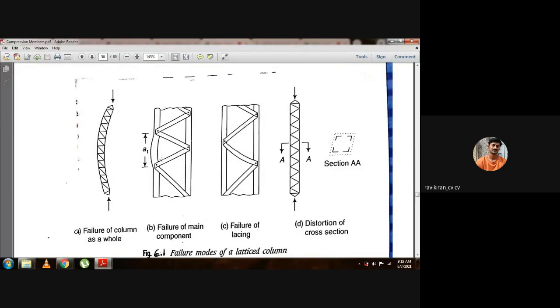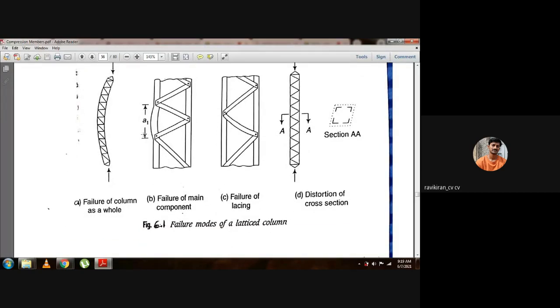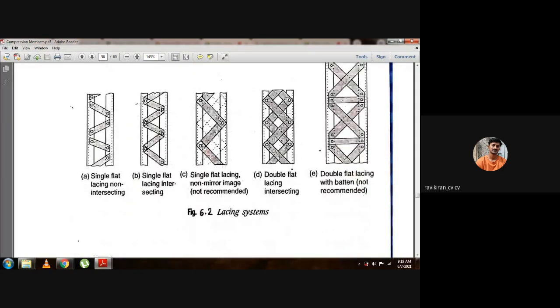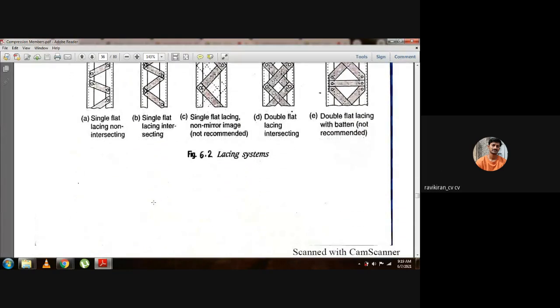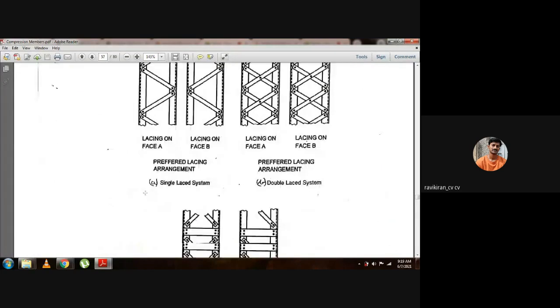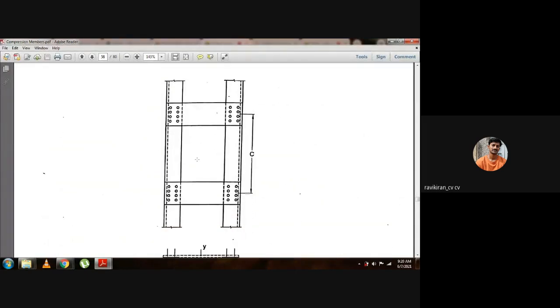See, this is how the failure may take place in the lacing system. These are the different modes of lacing arrangement. This is the batten mode, batten type.